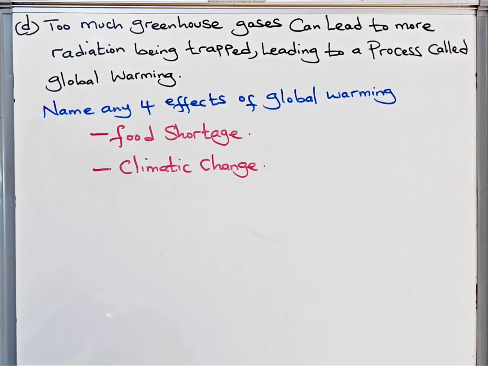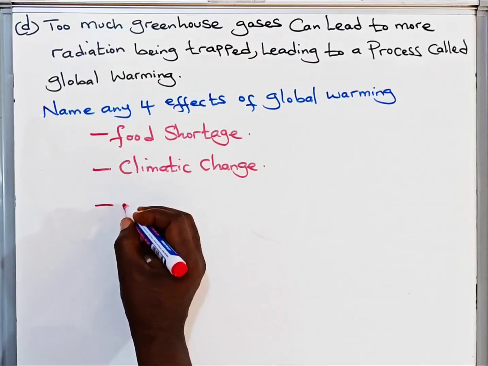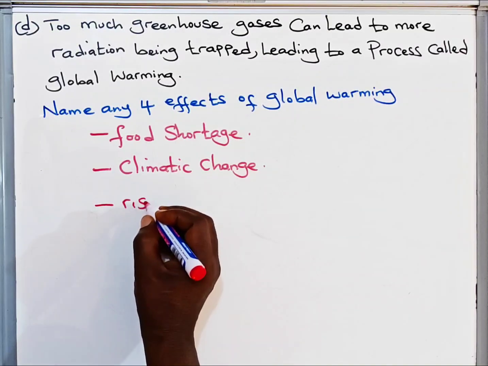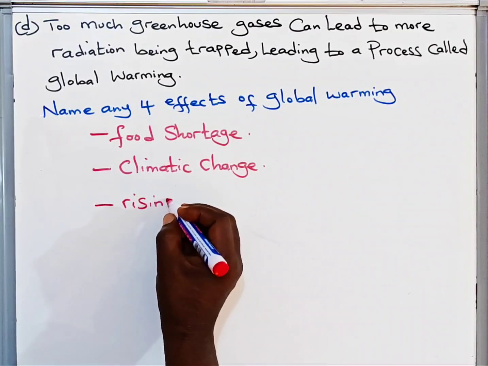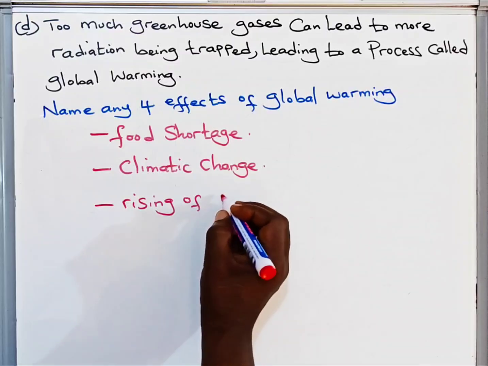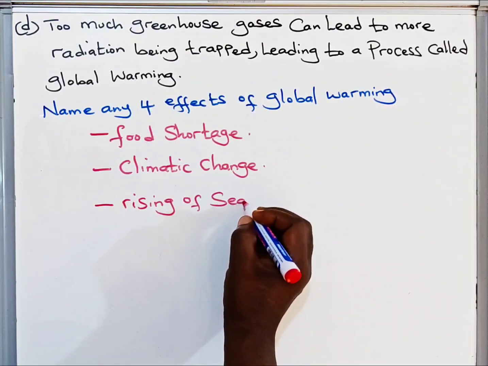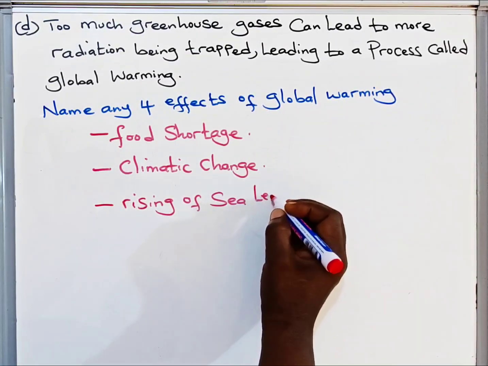Global warming causes places which used to have rain not to have rain. It causes flooding in other places. Next one is rising of sea level.